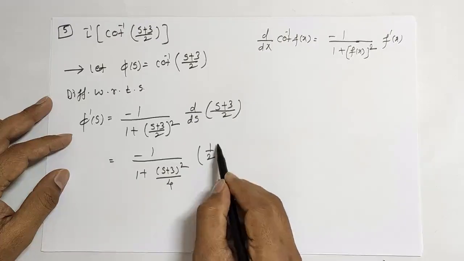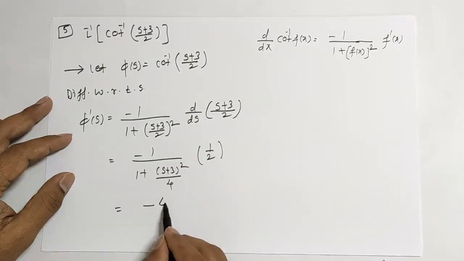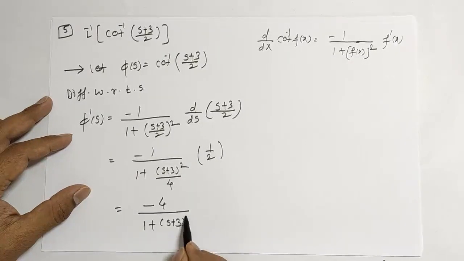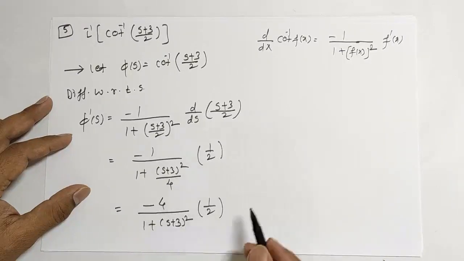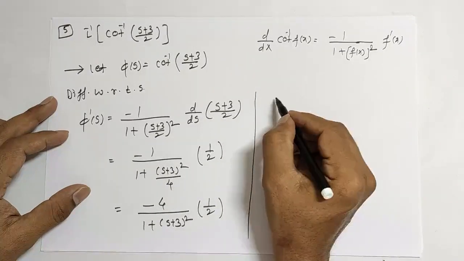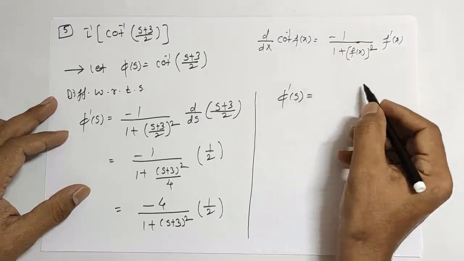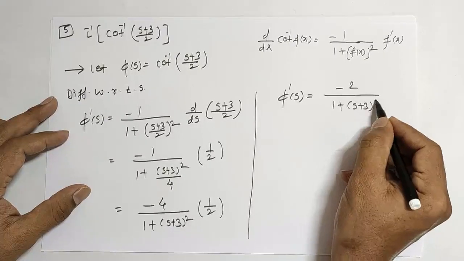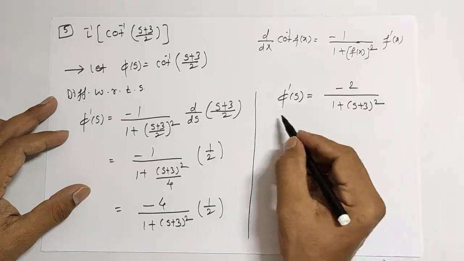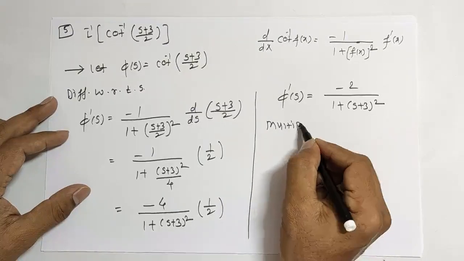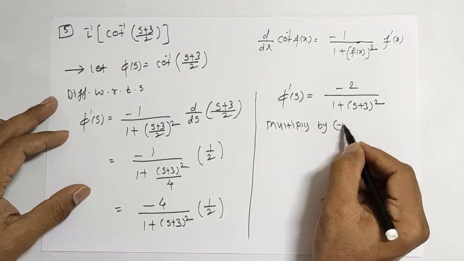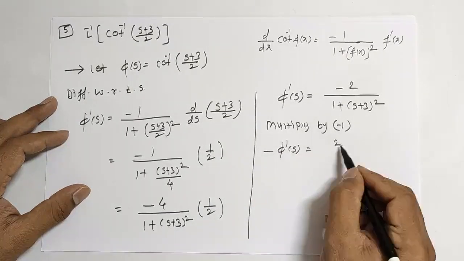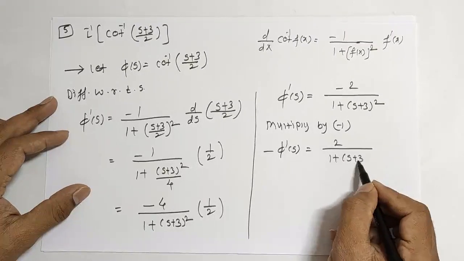So this will be simply 1 by 2. Take the LCM, so this 4 goes up. Minus 4 upon 1 plus (s plus 3) whole square into 1 by 2, here it cancels. So phi dash of s is equal to minus 2 upon 1 plus (s plus 3) whole square. Okay, so you can multiply by minus 1. So we get minus phi dash of s is equal to 2 upon 1 plus (s plus 3) whole square.